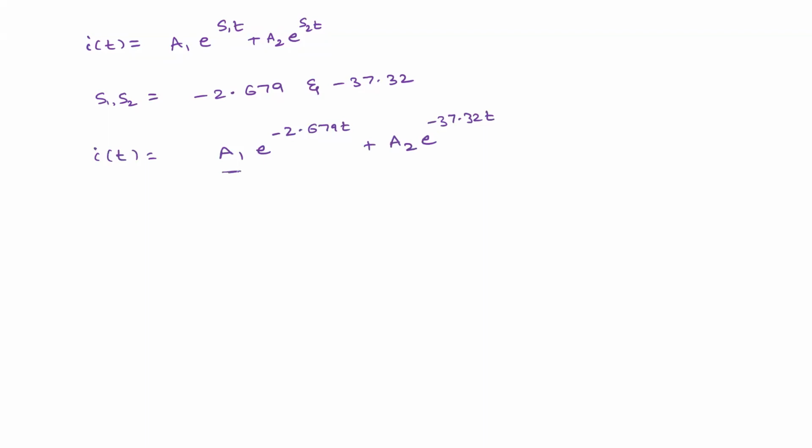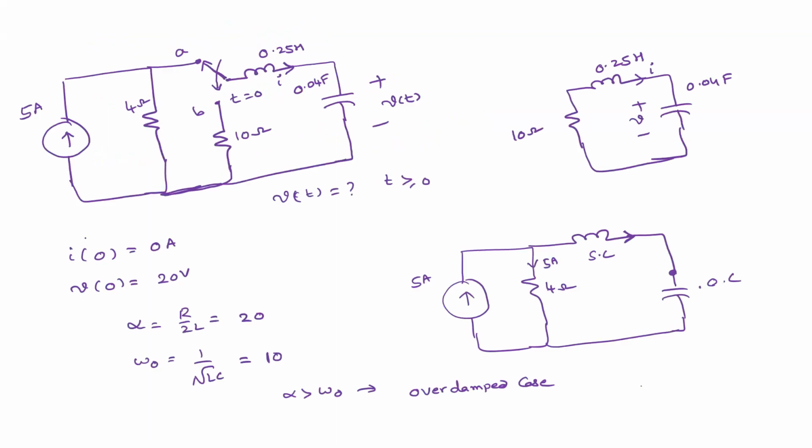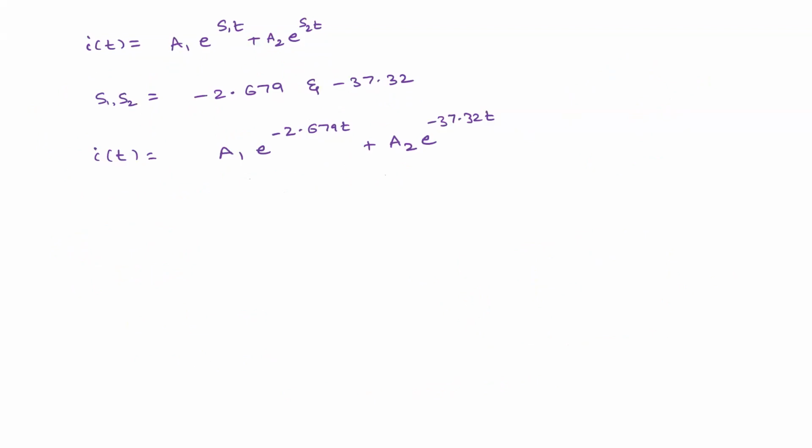Our objective is to find a1 and a2. If you go back, we know that I of 0 equal to 0 amperes, so that is one initial condition. If you substitute t equal to 0, a1 plus a2 equal to 0.